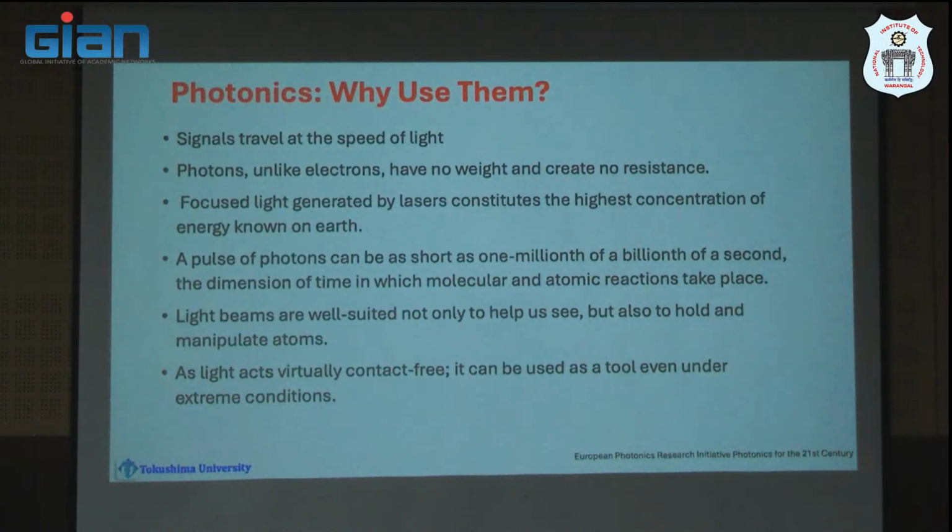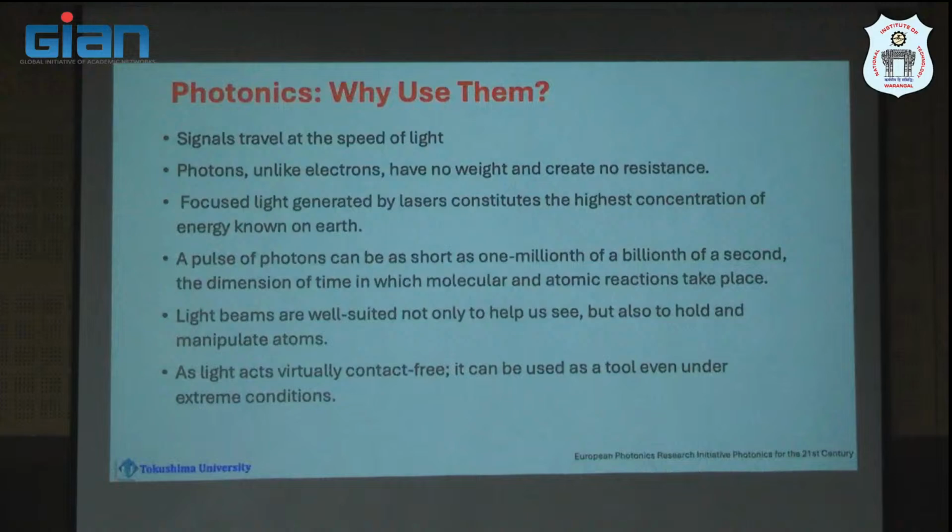Opto is the short form of optical; opto, photon, or photonics, all these terms are almost similar. When we talk about light, we talk about photons. Photons are small particles. So photonics and optoelectronics are almost similar.